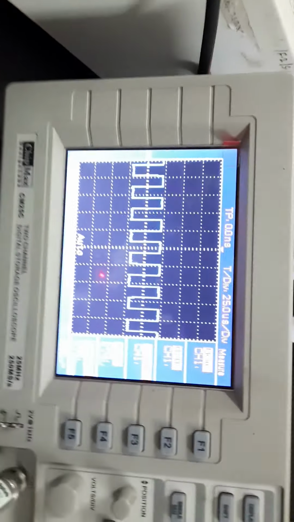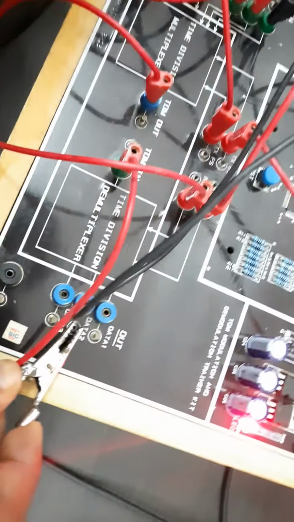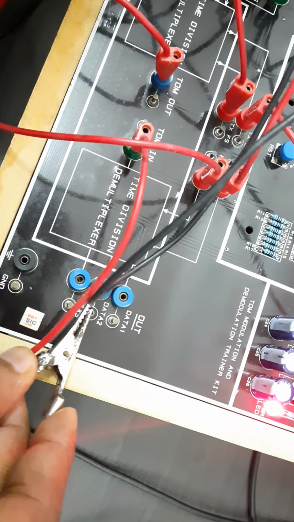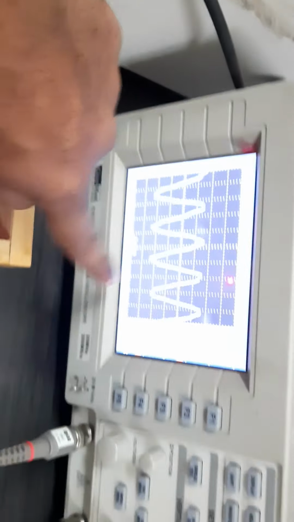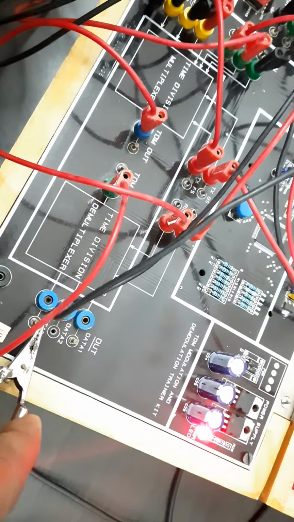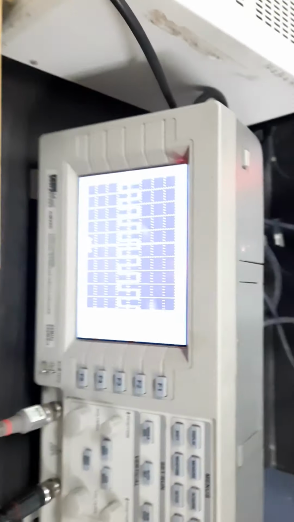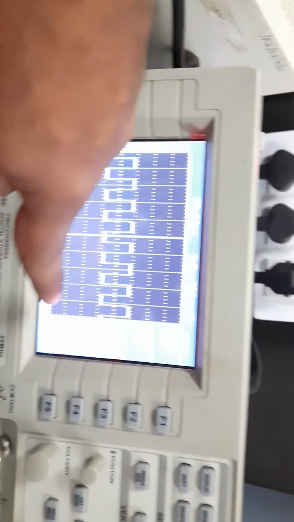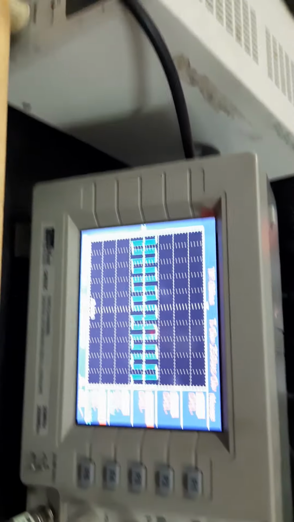Now if I check the data 2 information at the receiver side, you can observe here it's again a square wave of 16K. Similarly data 3, you can observe the output, it's again a square wave of 32K. So this is how we need to perform the TDM experiment.